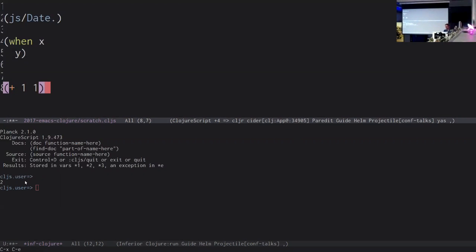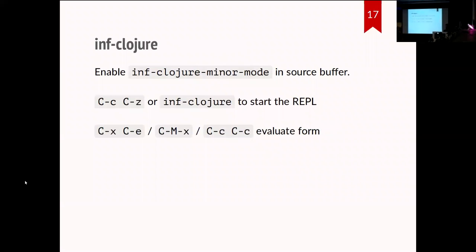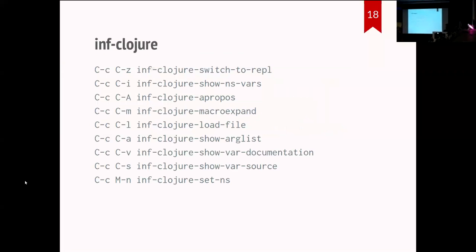So you need to keep these two next to each other. You're working in a buffer, but at the same time you're switching back to the REPL. It's not always super handy, but like I said, it's simple, it works well. So in your buffer you have this Inclojure minor mode that gives you the necessary bindings, like Control X, Control E to evaluate a form.